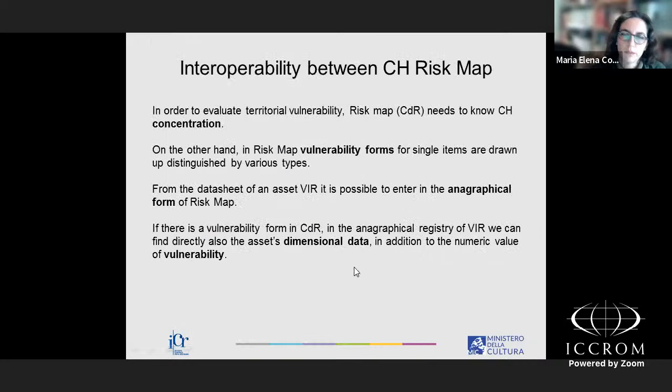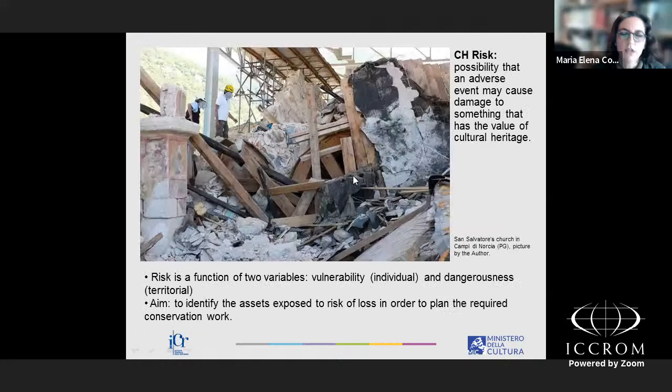And if we speak about risk map needs VIR, because in order to evaluate territorial vulnerability, risk map needs to know cultural heritage concentration. On the other hand, in risk map, vulnerability forms for single items are drawn up, distinguished by various types. We have vulnerability form, archaeological, architectural, and more of them.